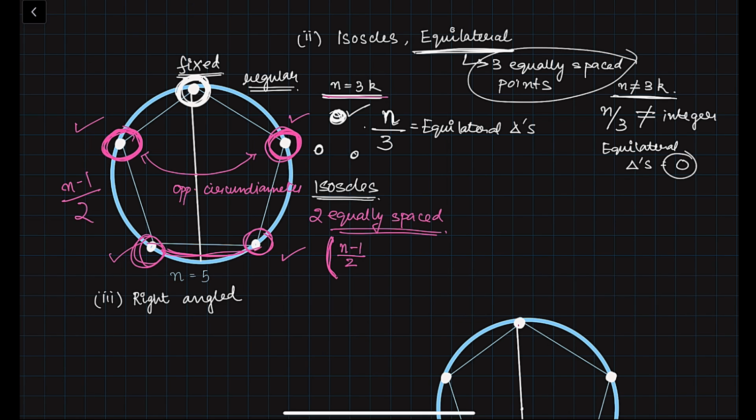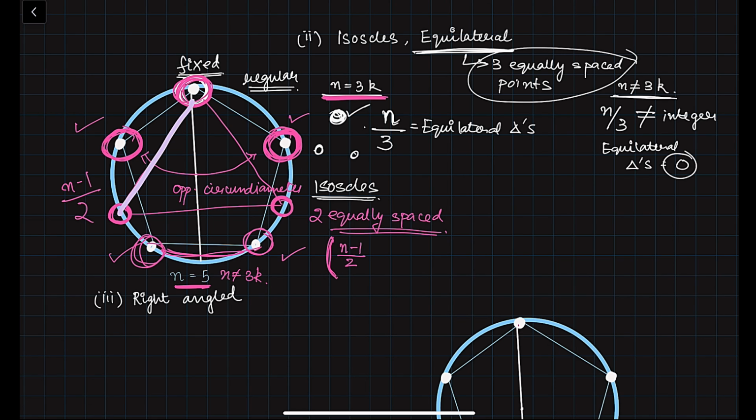But when n equal to 3k, corresponding to this fixed point, if we choose another point, for this case n is not equal to 3k, but let us assume that there is a case where say n equal to 15, and corresponding to this point there is an equilateral triangle. So if we choose say there's a point here, and corresponding to this point there's a point here, and these 3 points form an equilateral triangle.